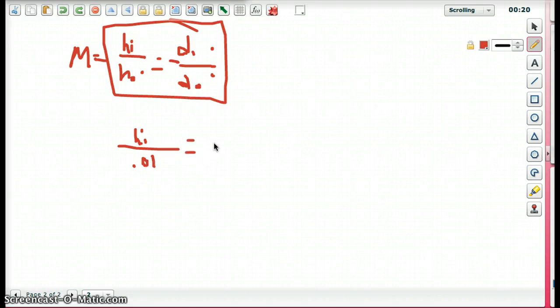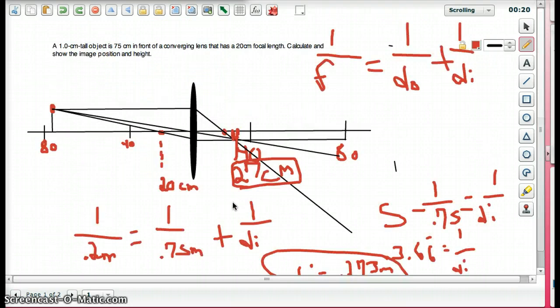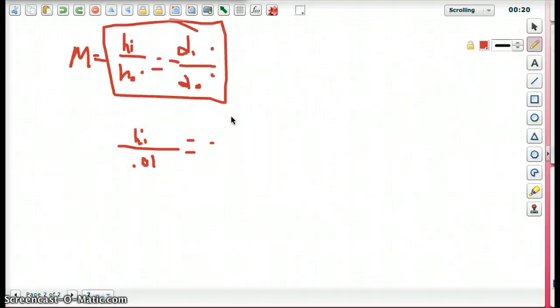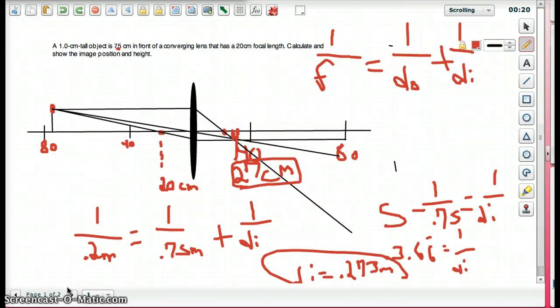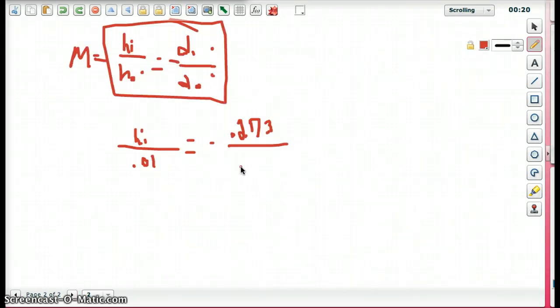We know that's equal to a negative. The distance of the image was 0.273, divided by distance of the object, which was 75 centimeters, 0.75. So just plug these into your calculator.